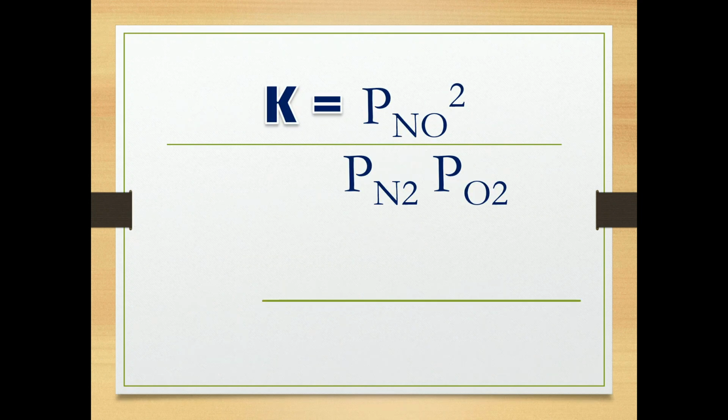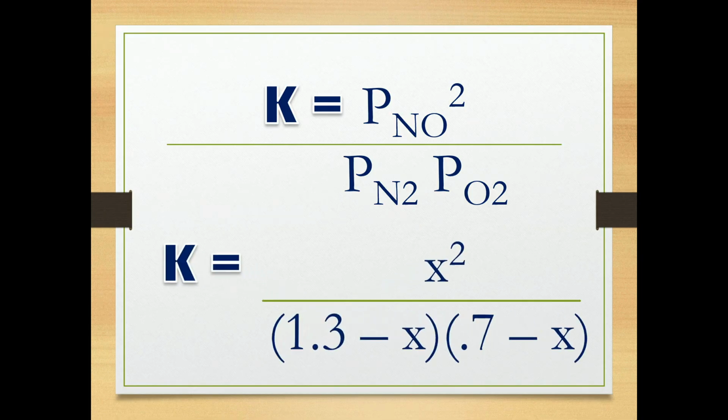So I'm going to put in x squared over 1.3 minus x, and I'm simply going to get rid of those minus x's. My test shows that I am not high enough to guarantee I can do this, but let's try it.